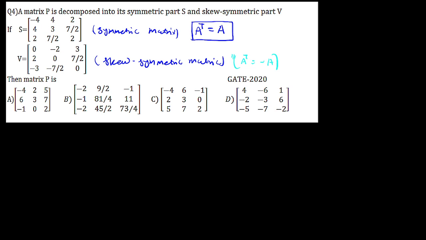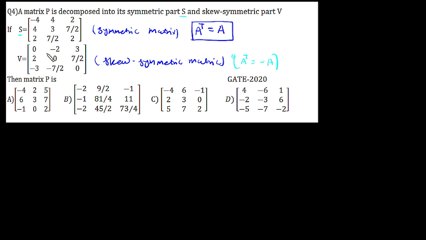A symmetric matrix is one where the entries along the diagonal are mirror images. You can see, if this diagonal is the mirror, this 4 is reflected here, this 2 is reflected here, and this 7 by 2 is also reflected here. So I can say this S is symmetric as given in the question. In a skew-symmetric matrix, the values opposite across the diagonal are negatives.